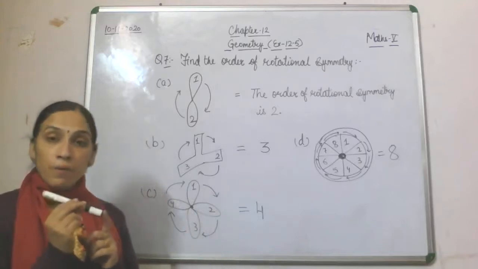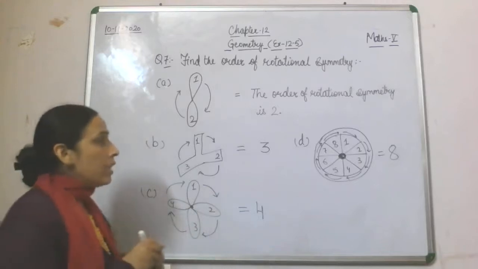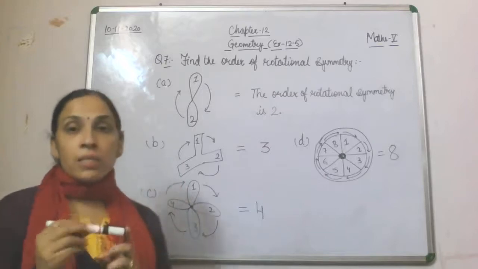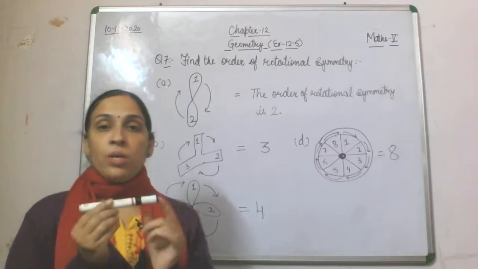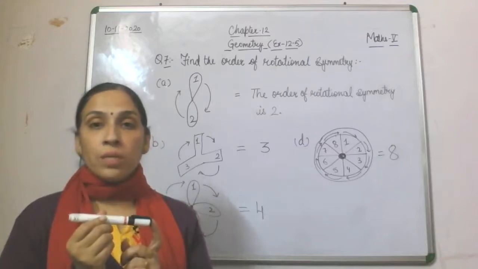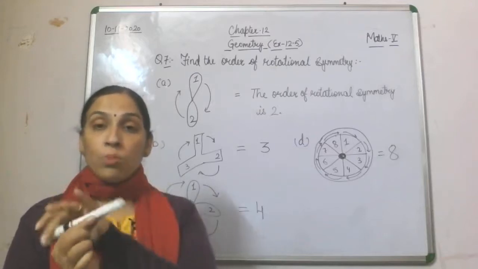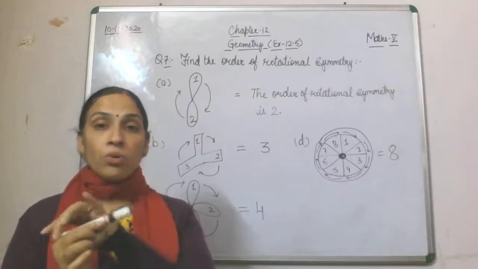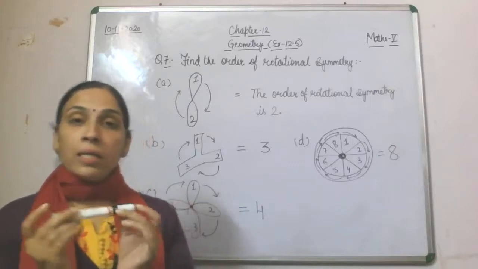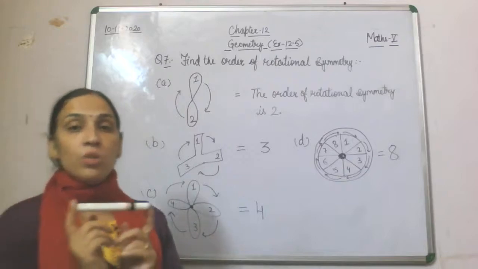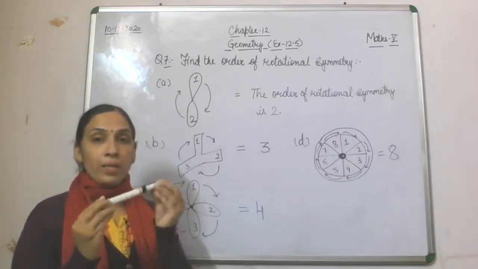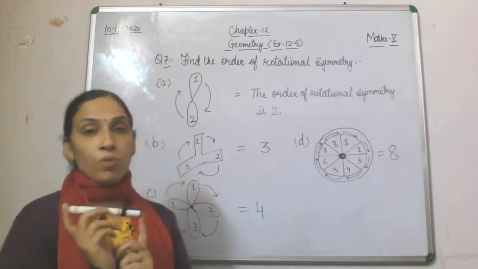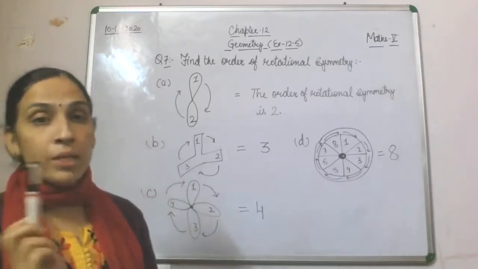That is 4. If I rotate it like this together, the order of rotational symmetry will still be 2, because without stopping I cannot rotate it. So again 180, then again 180. So here the order of rotational symmetry will be 2.